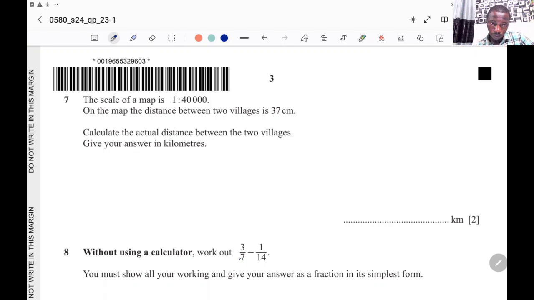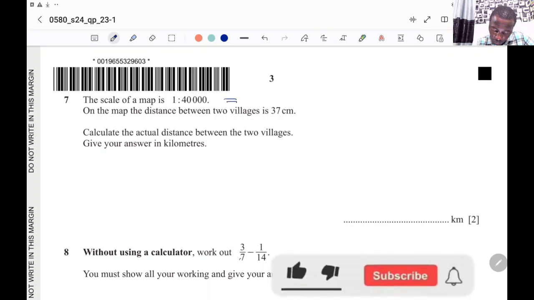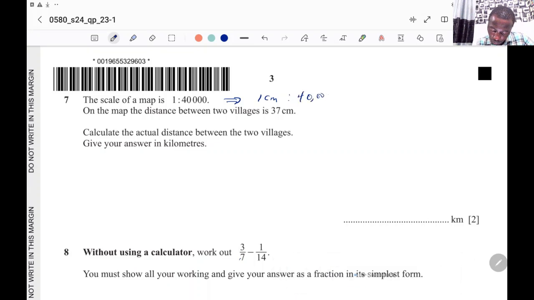Question number 7 says the scale of a map is 1:40,000. On the map, the distance between two villages is 37 centimeters. We should calculate the actual distance between the two villages, giving your answer in kilometer. First of all, this statement is in centimeter, so 1 centimeter is equal to 40,000 centimeter.